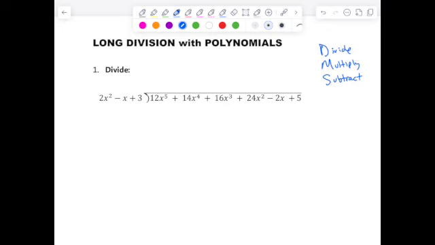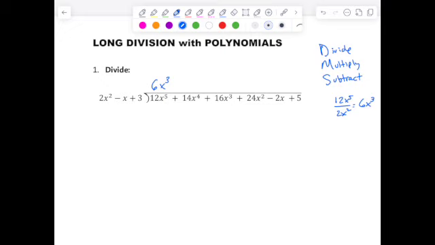If not, off to the side, sometimes I'll see kids in their work write 12x to the 5th divided by 2x squared. For anyone algebra 2 or beyond, this should be a pretty easy thing to say. That's 6x to the 3rd, right? Subtracting exponents.